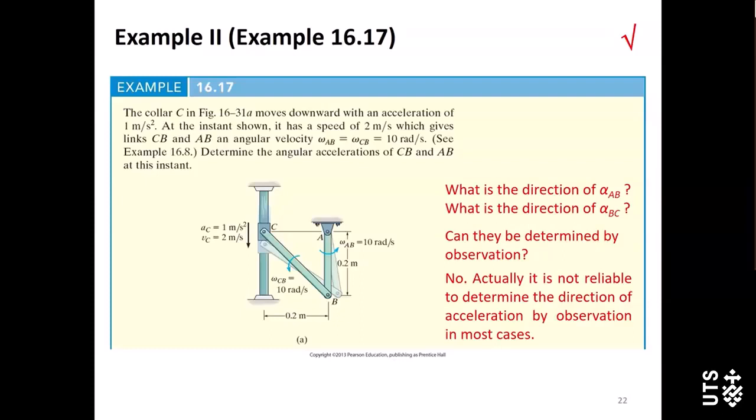This is different from the direction of velocity. For velocity, its direction, in many cases, you can determine by observation. But for acceleration, it's quite different.